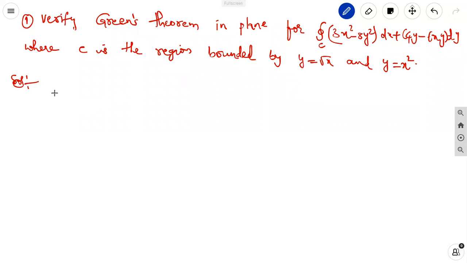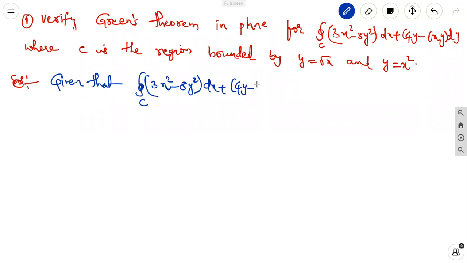First, we take the given line integral over C of (3x² − 8y²) dx + (4y − 6xy) dy, comparing it with the integral over C of M dx + N dy.